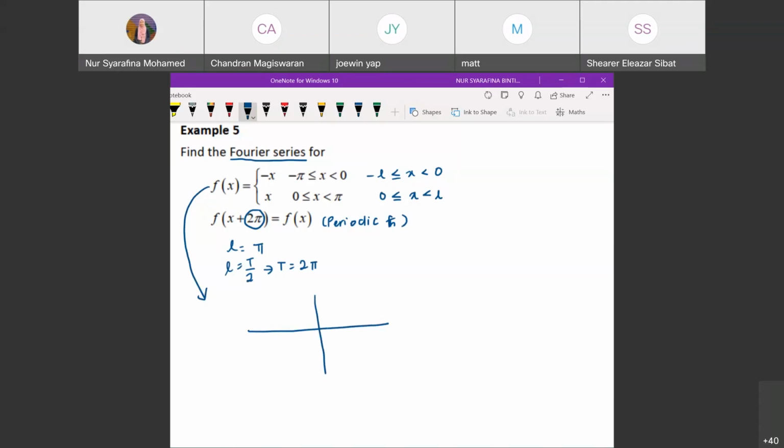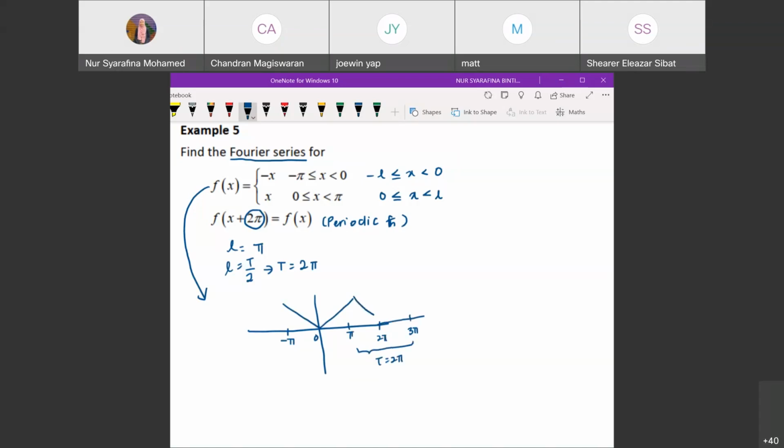Okay, so now how can we plot this? From minus pi to 0, it is negative x. And then from 0 to pi, it is x. Okay, then it is repeated about 2 pi. So this is the difference, 3 pi minus pi.